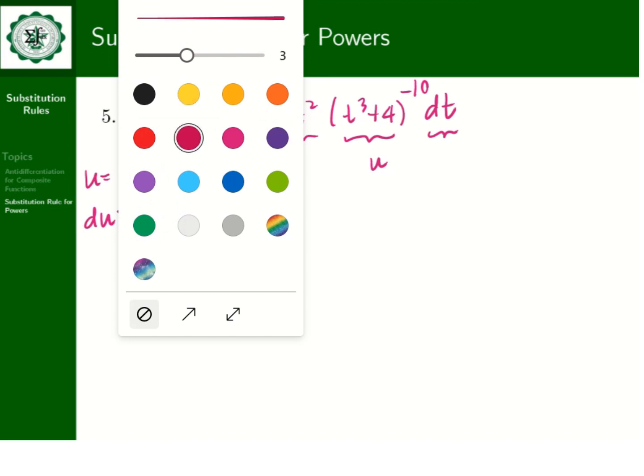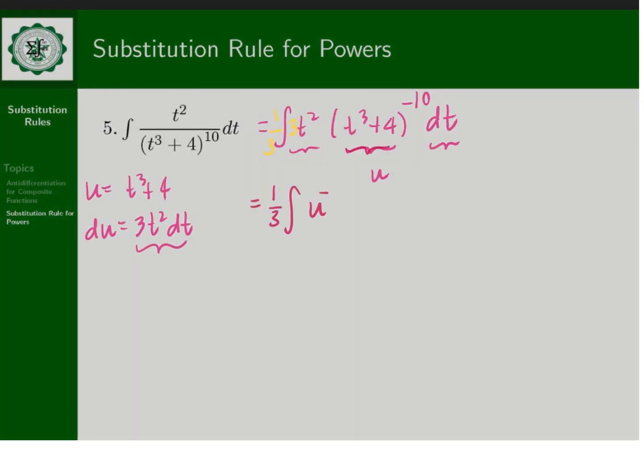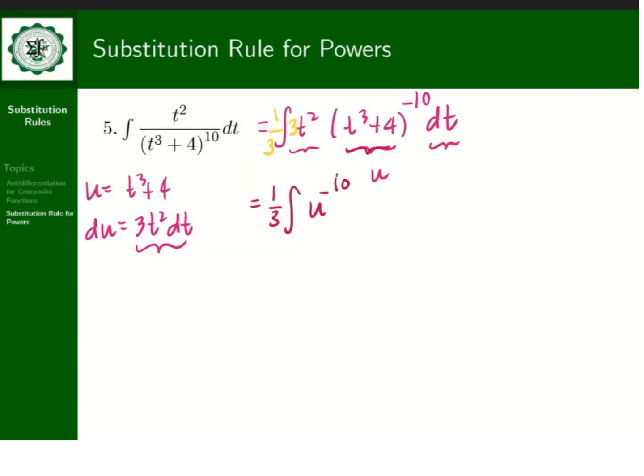So that when we perform the substitution, our given becomes 1 over 3 times the integral of our base t cubed plus 4, which will now be changed into u. We have negative 10. And then 3t squared dt together will now become our du.